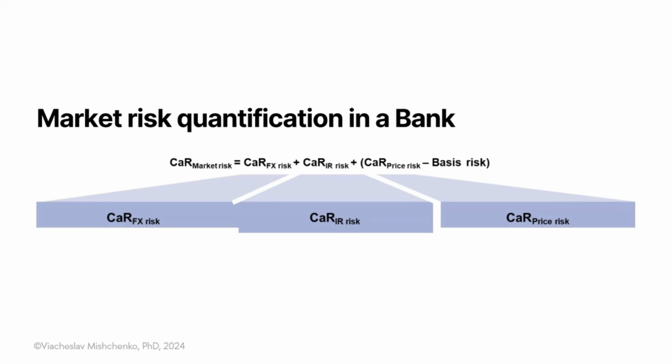And each of these components usually gets multiplied by the factor of 3 or 4 plus, which is called an add-on based on the backtesting results. So don't worry, we will go through all of these definitions later on. It's just an overview of the approaches.